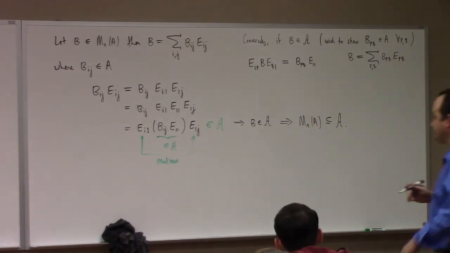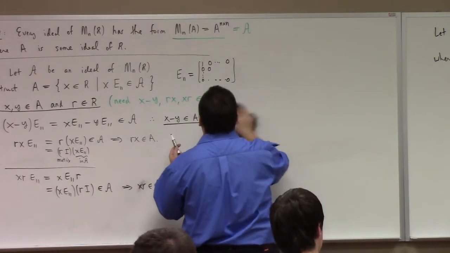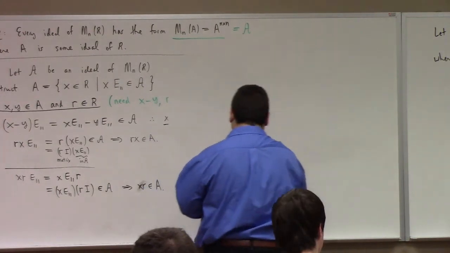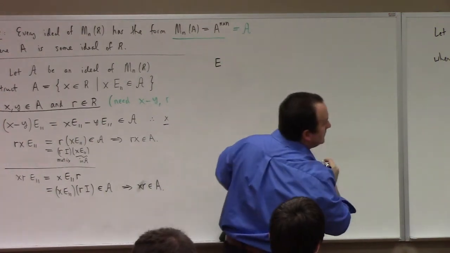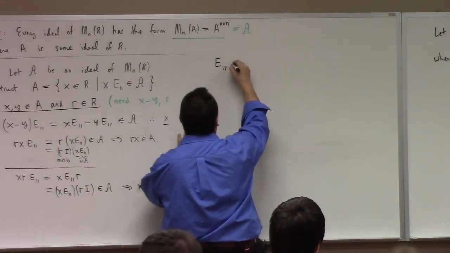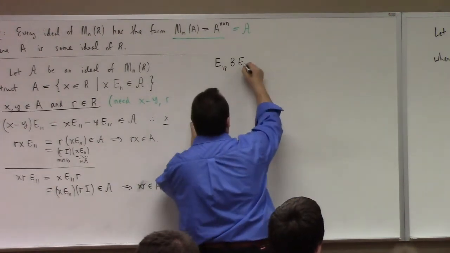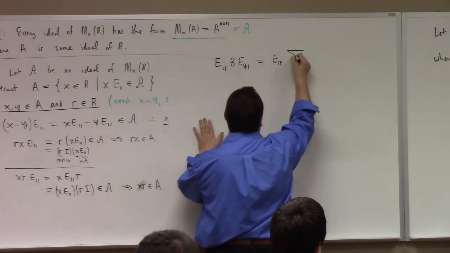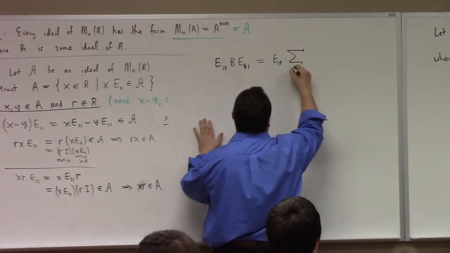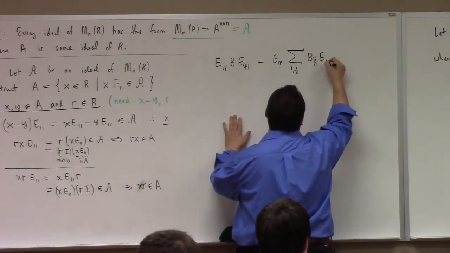I could work it out. Maybe it's good for me to do that. What did I have? E_1P, B, E_Q1. All right, so this gives me E_1P times, I'm going to use some other letters for the sum this time, I and J again, the sum of b_ij E_ij.